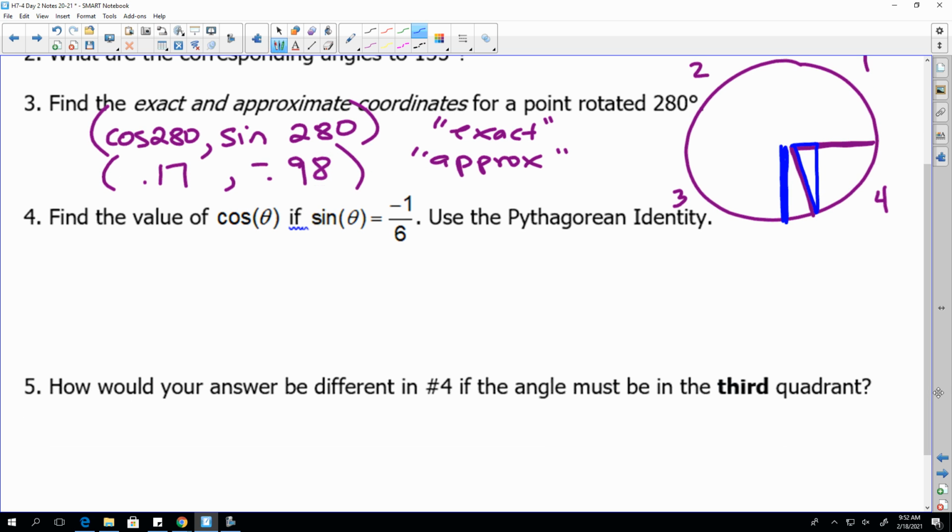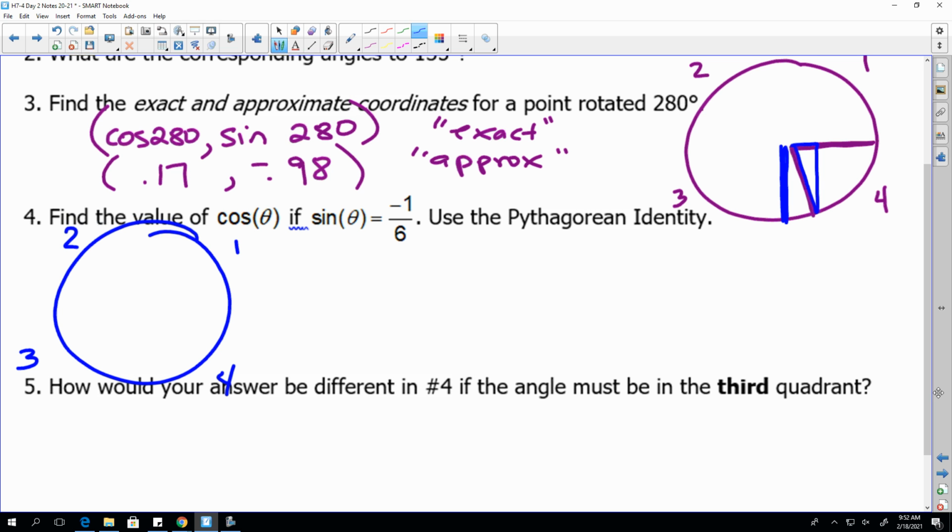Let's take a look at number 4. Find the value of cosine if sine is -1/6. Use the Pythagorean identity. We're reviewing a little bit from yesterday before we move on. So sine is -1/6. That's one of the sides in our triangle, the vertical part. If I draw this, there's only a few places that we could have our angle, since sine is -1/6.